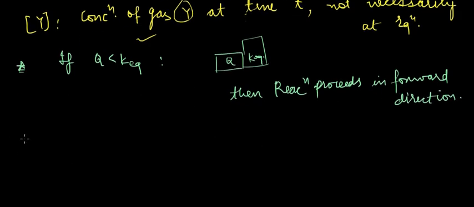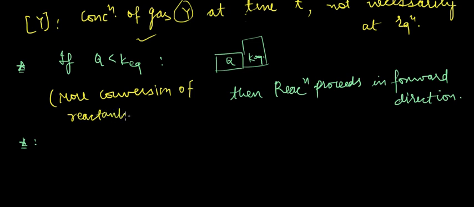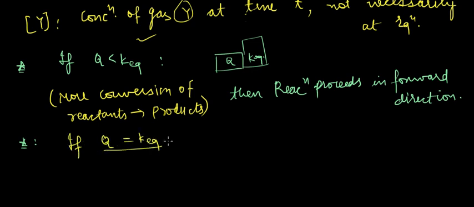This means more conversion of reactants into products. And if Q is equal to K, then we can show graphically Q equals K, and this means that the reaction is already at equilibrium.